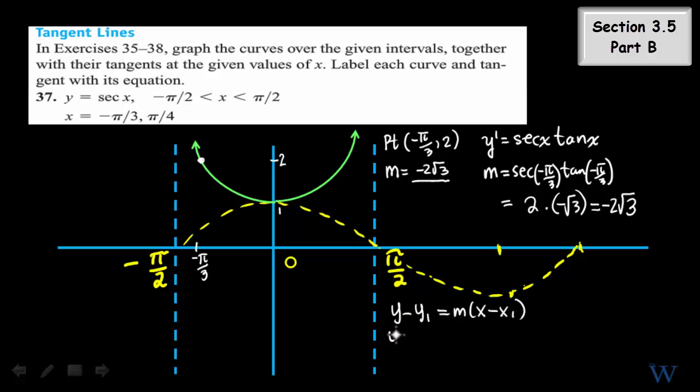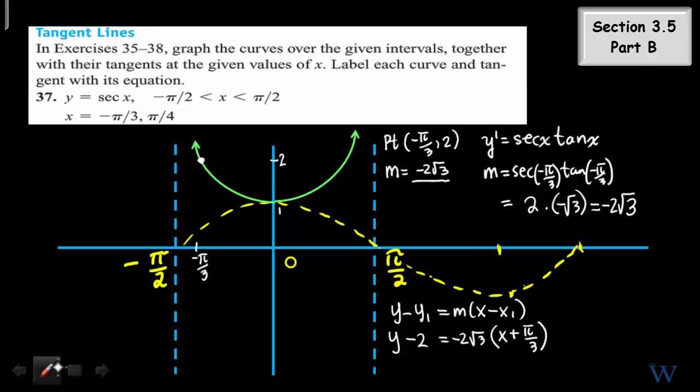So that's y minus 2 is equal to negative 2 square root of 3 times what? x minus negative pi over 3 gives us plus pi over 3. And so there we have it, folks. We've got the slope-point form, and the rest is just simplifying, but that's basically the equation of the line tangent to the curve.